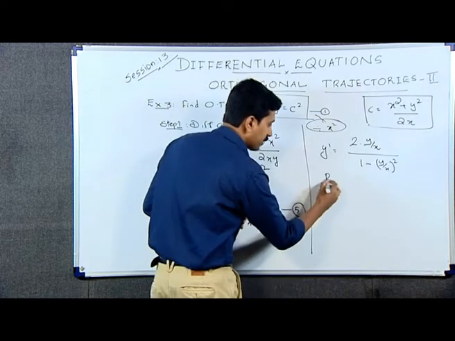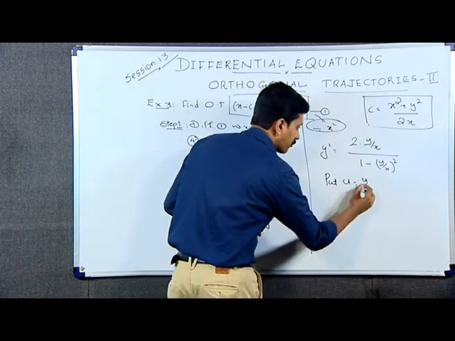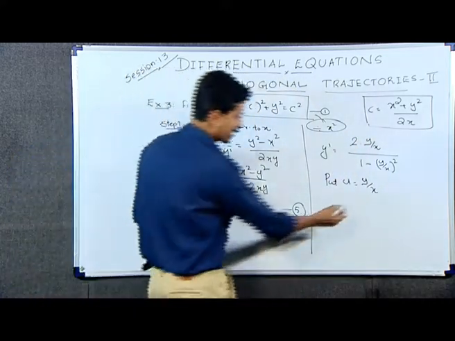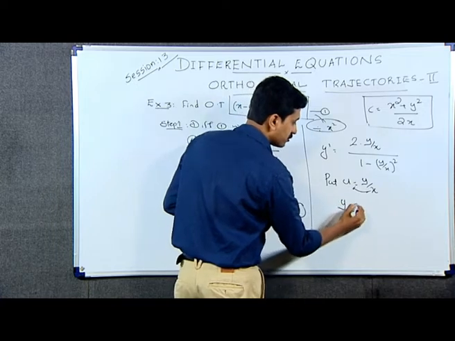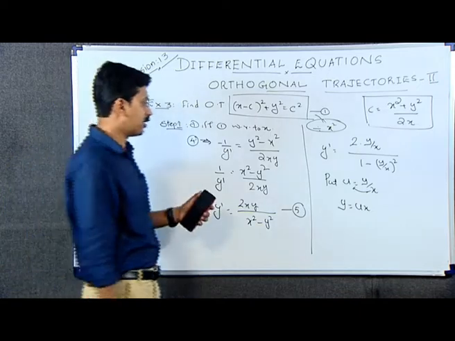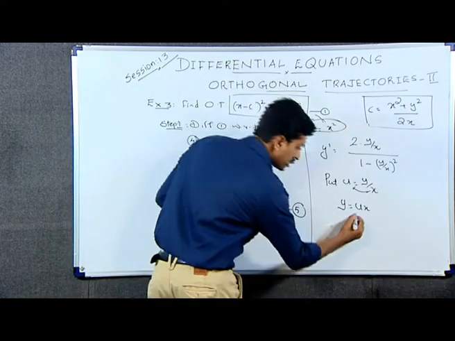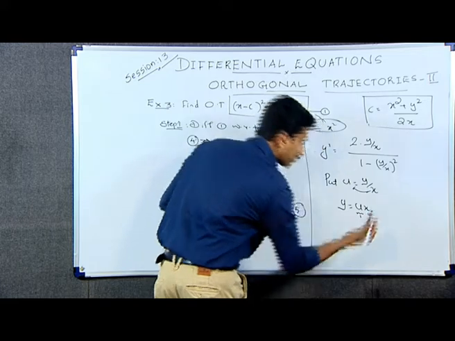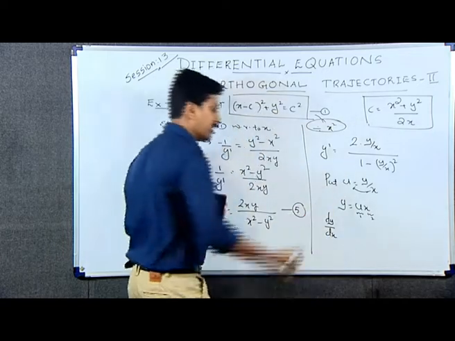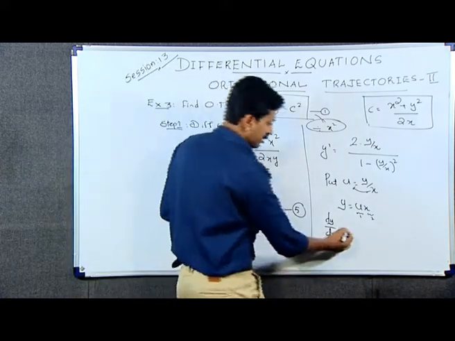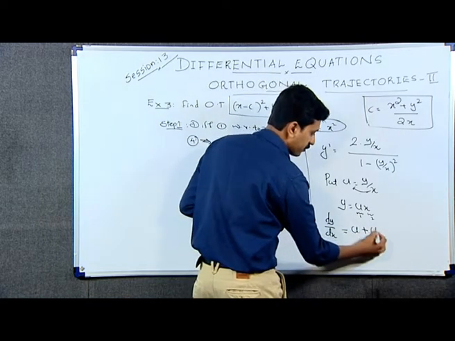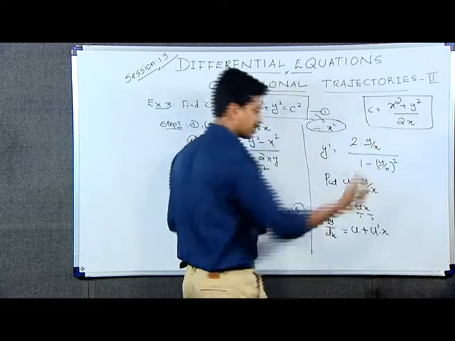So, I am taking: put u is equal to y by x. See, I am taking this x to be here, therefore y is equal to ux. So we can differentiate both sides. I am taking this as the first function and this as the second function, and differentiating both sides with respect to x, dy by dx is u into the derivative of x, which is 1, plus x into the derivative of u, that is u dash into x.